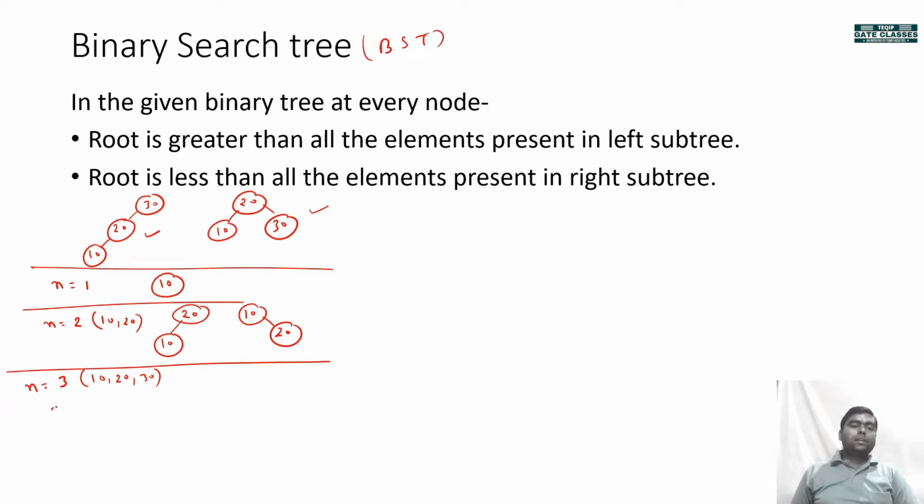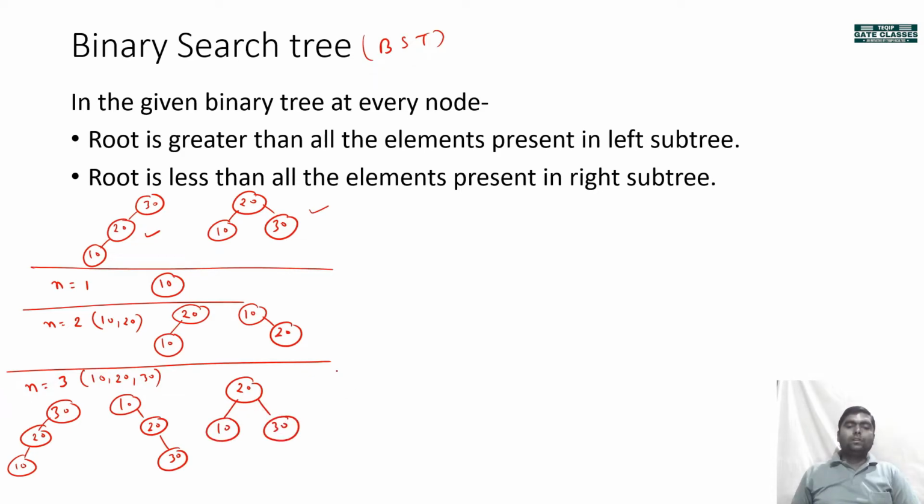The possibilities are like this: maybe 30, then 20, then 10. Another possibility is 10, then 20, then 30. Another possibility is 20 as root, 10 and 30 as children. Another is 30 as root with 10 and 20 below it.